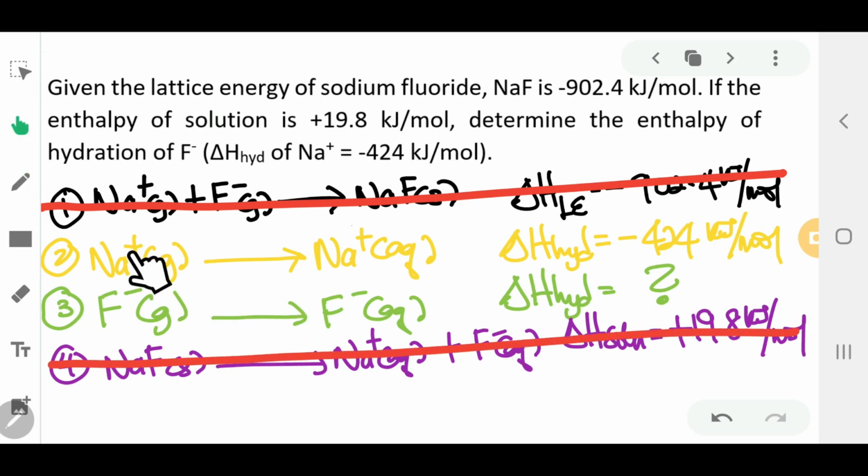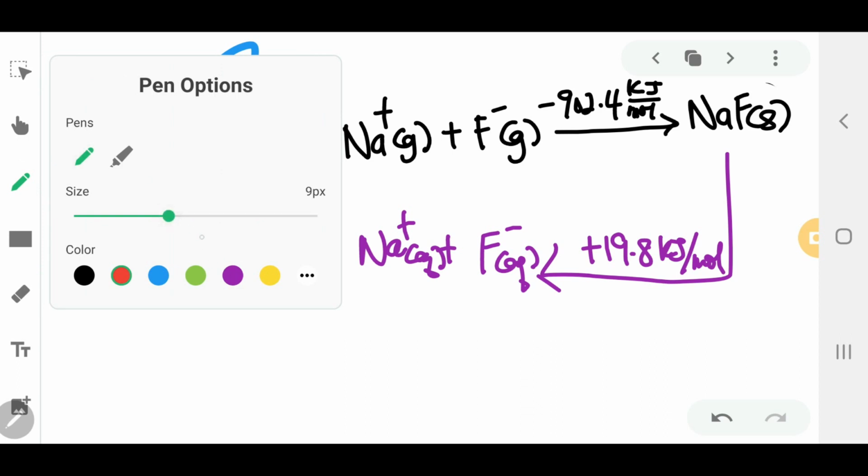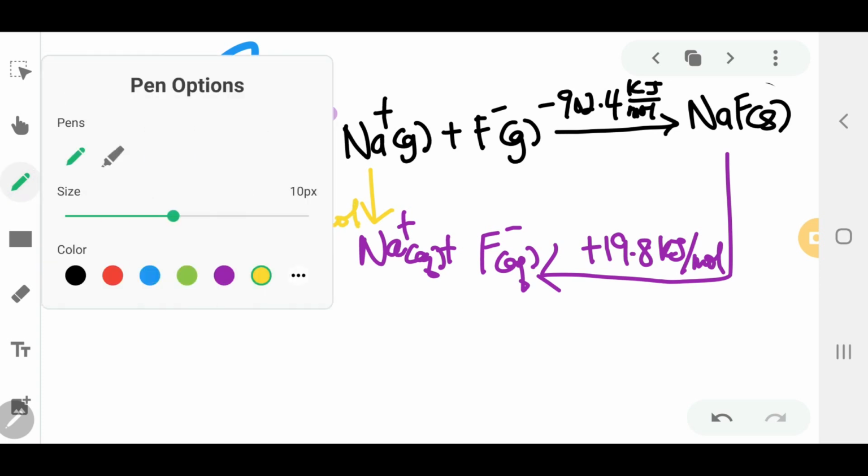Now we're going to move on to the yellow and green. These are the hydration. So sodium is the one in yellow. So that is right here. This is negative 424 kilojoule per mole.